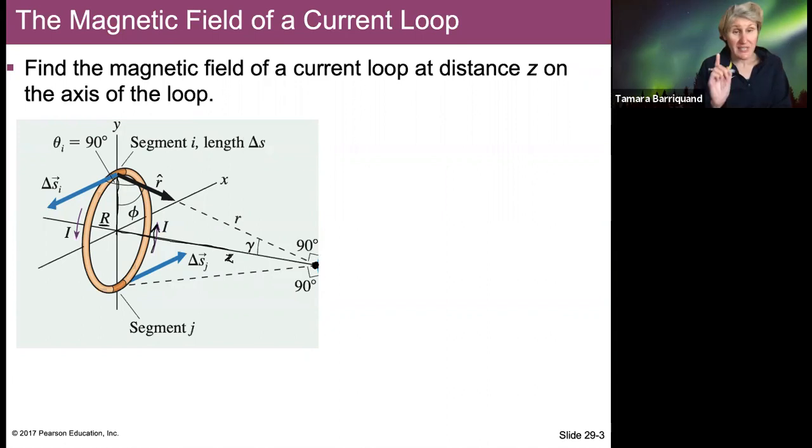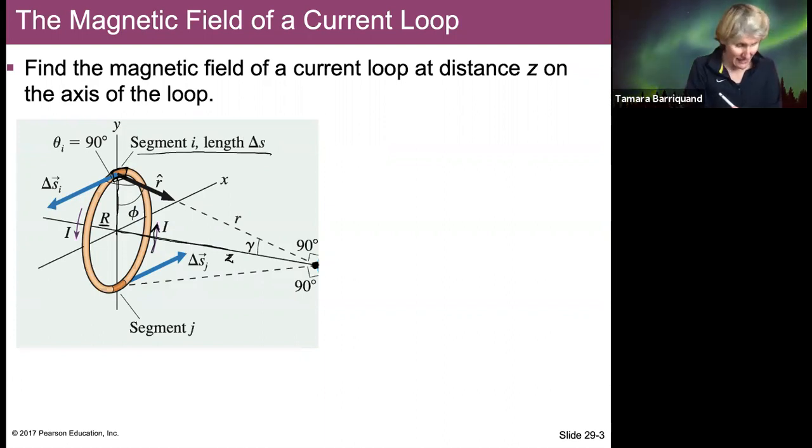And the first thing that we want to do to find the magnetic field is we want to find a segment. We'll pick a segment that'll make our lives easier. So let's pick this segment right up here at the top of our loop. This is segment I, and it has a length delta S. That's the length of our segment.